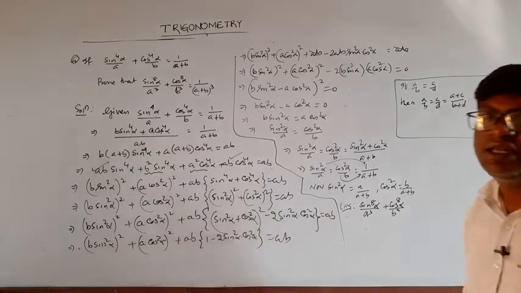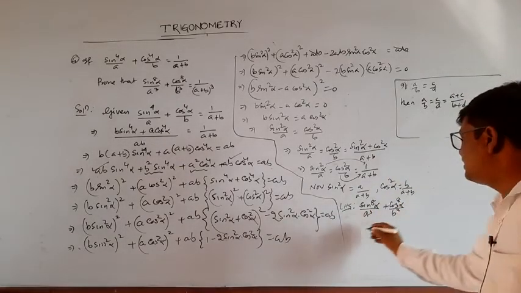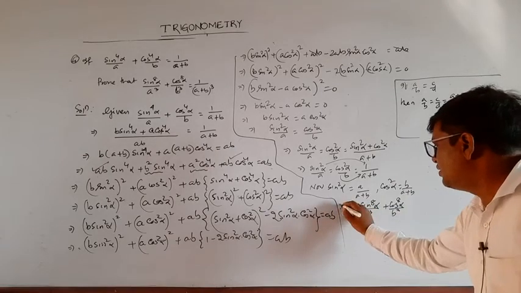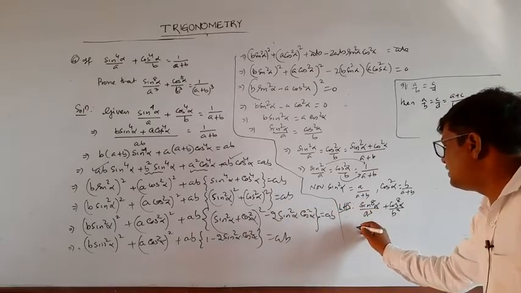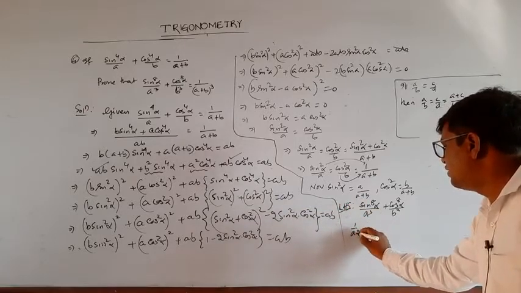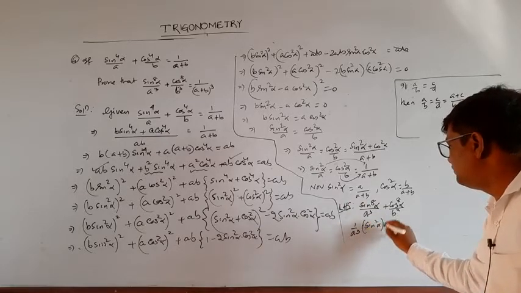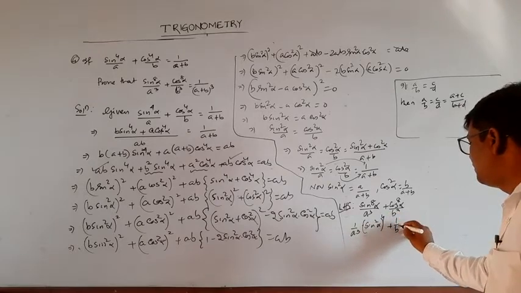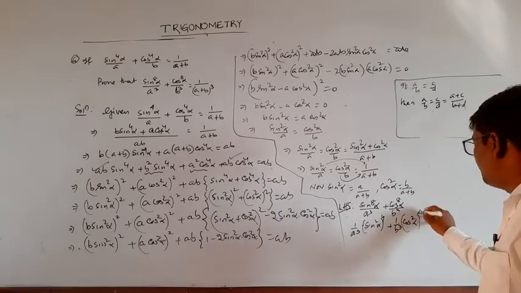We can write 1 by a³ into (sin²α) to the power four, similarly 1 by b³ into (cos²α) to the power four.